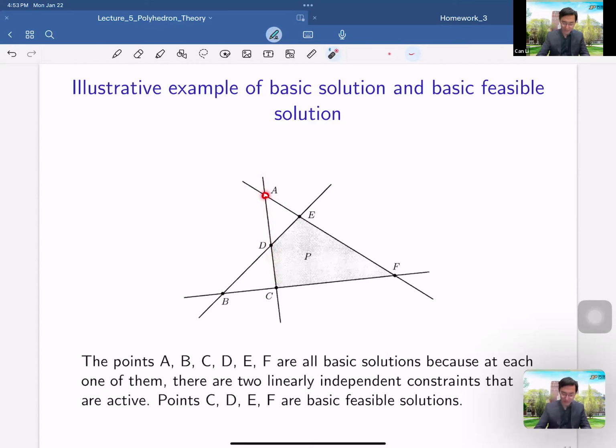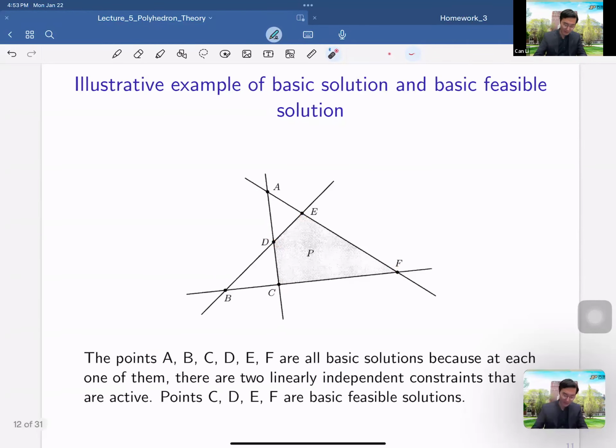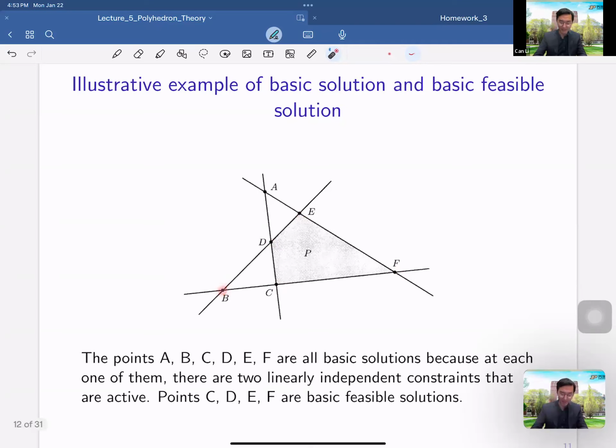The crossing of these 2 active constraints defines A, but A is not a feasible point of the polyhedron. So that's why A is a basic solution, but not a basic feasible solution. On the other hand, if you look at points E, D, C, and F, they are basic feasible solutions. And similarly, B is a basic solution, but not a basic feasible solution.